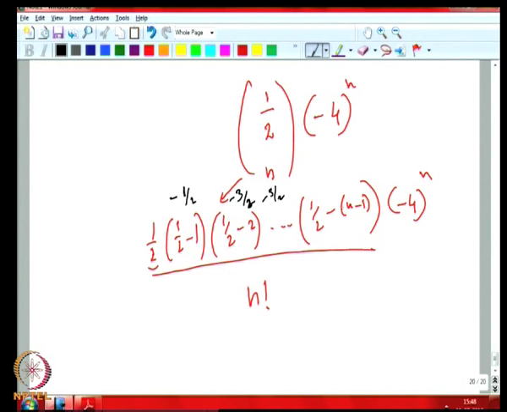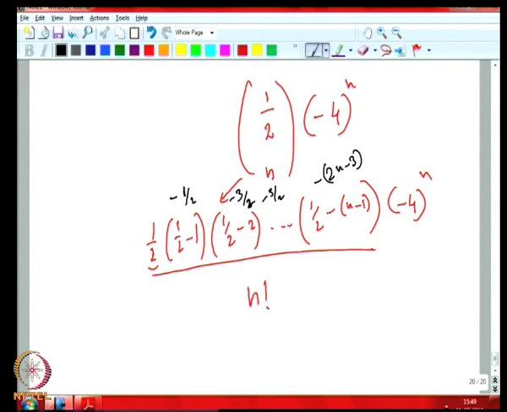This will be 1 minus 2 into n minus 1, that is 1 minus 2n plus 2, which is minus 2n plus 3, that is minus of 2n minus 3.